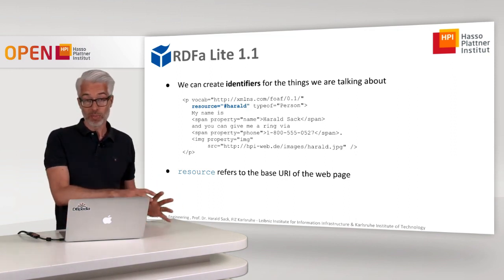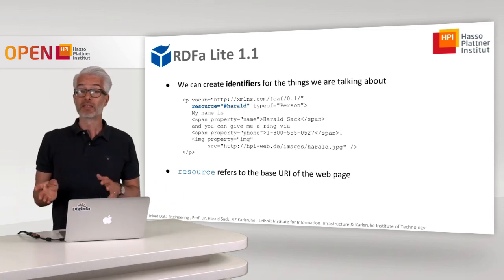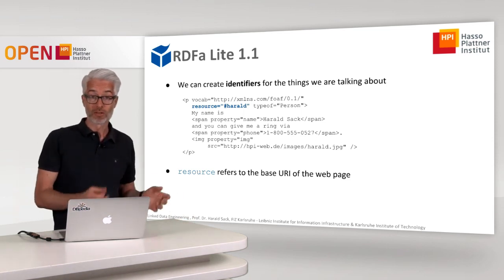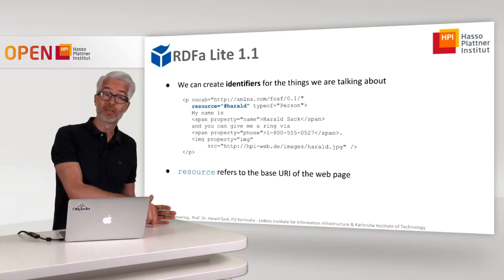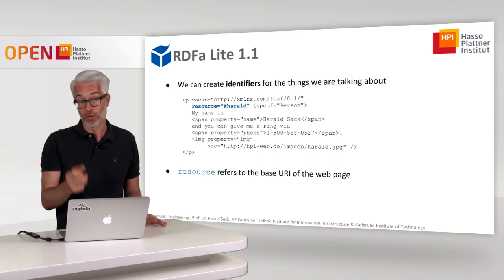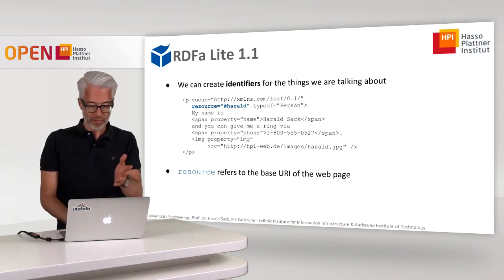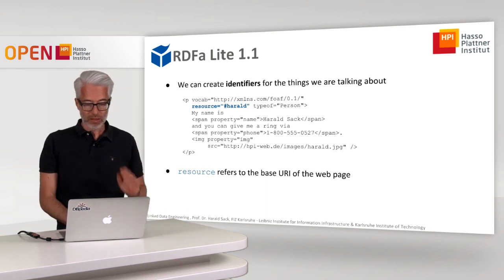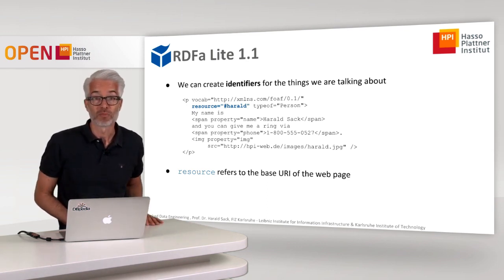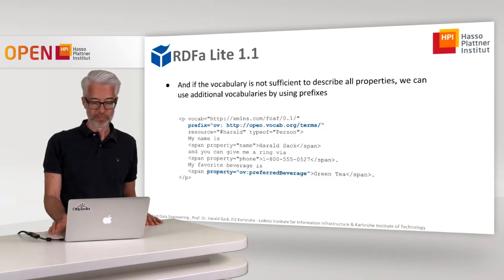And therefore, in this web page, which possibly contains information about me, I define a resource which is called Harald, and this resource is the subject of all the properties that are defined below. Also quite easy, isn't it? So my name will be Harald Sack, my phone number is given here, and then there comes also an image of me. So far, so good.